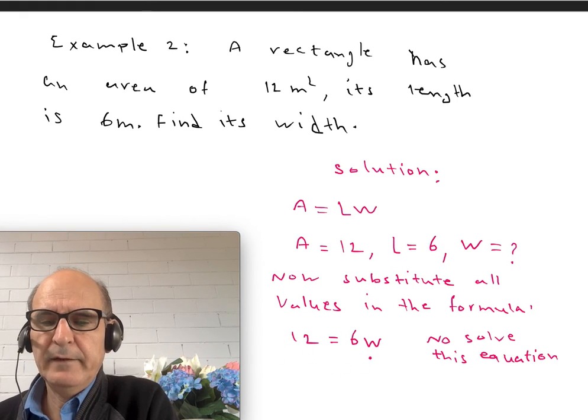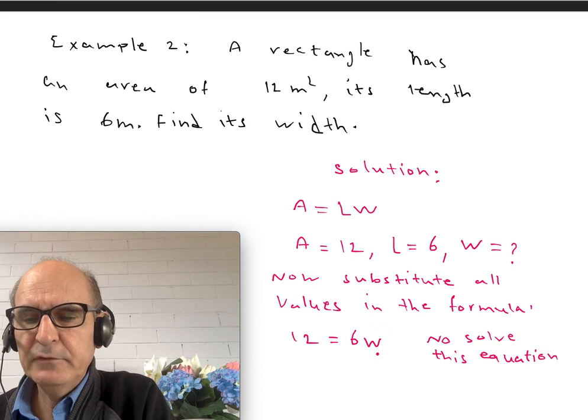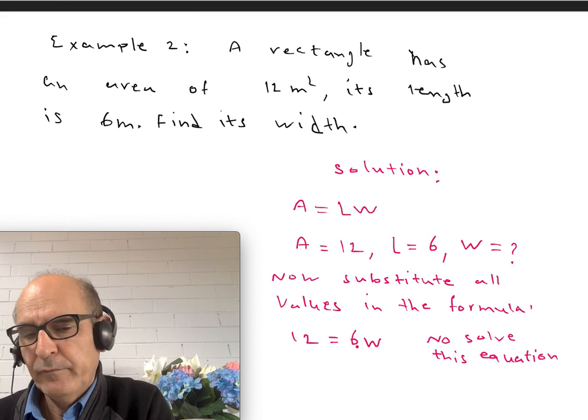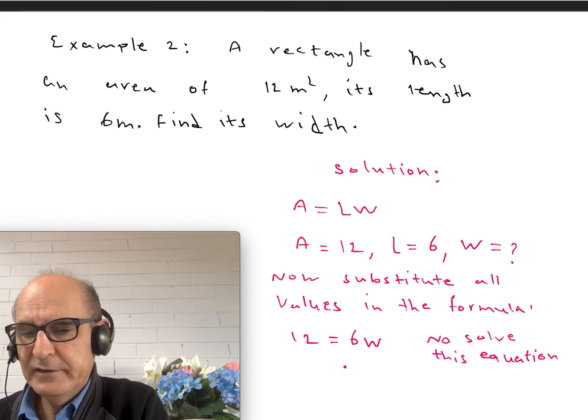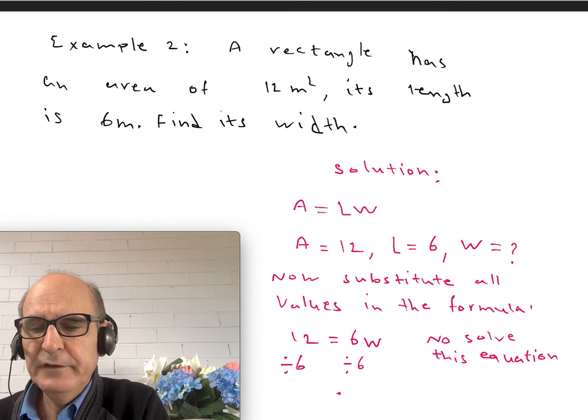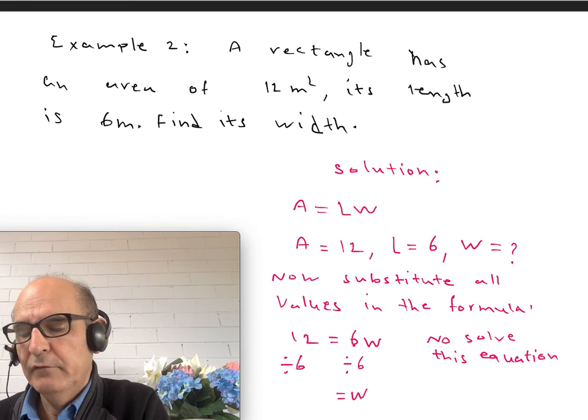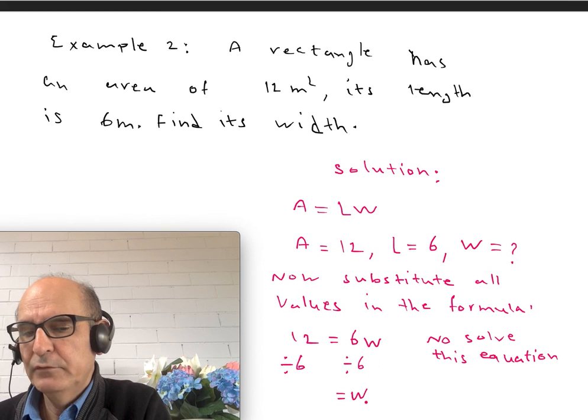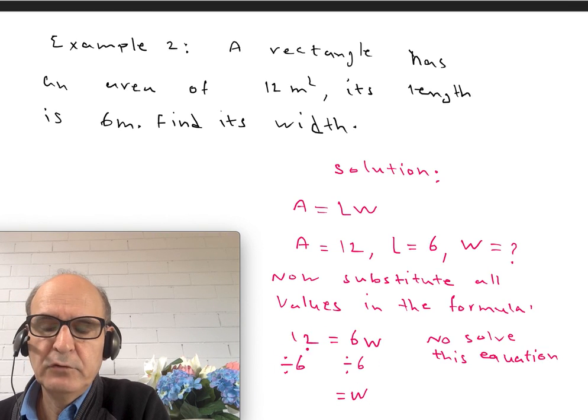So you know, we got to undo what has happened to W. We are trying to find W. So W has been times by 6. We do the opposite operation, which is dividing by 6. So if we did that, 6W divided by 6, you get W, because W has been times by 6. Now we're dividing by 6. So we undo what has happened to W, so we go back to W. 12 divided by 6 is 2.